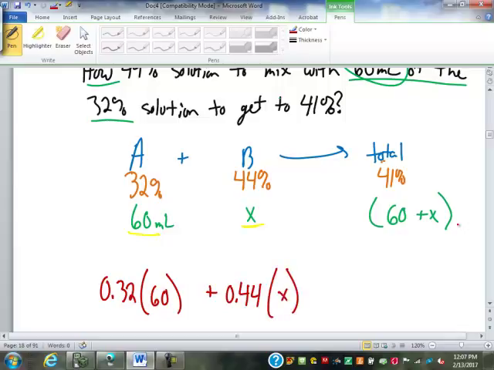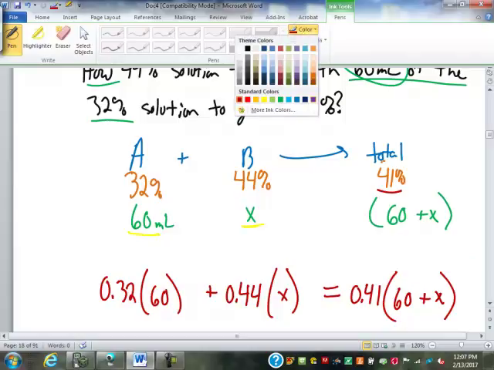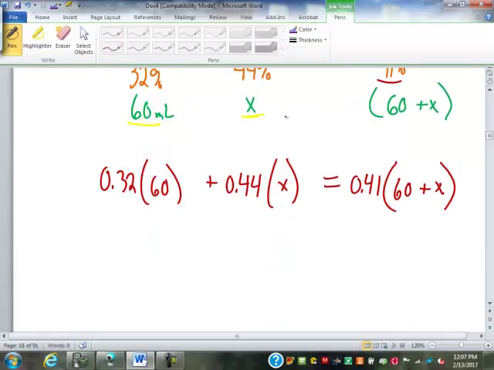Our amount is X. That's the amount of active ingredient in solution B. That has to equal our total. 41% is 0.41, and its volume is 60 plus X. So now we're going to combine what we can here. 0.32 times 60 is, I believe, 19.2.